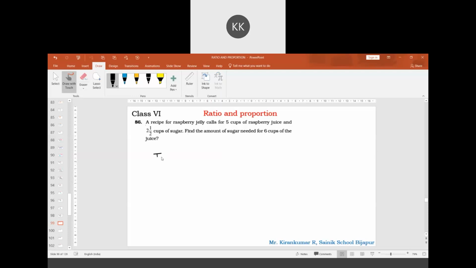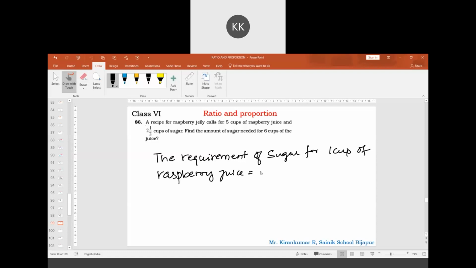The requirement of sugar for 1 cup of raspberry juice is 2.5 by 5. What is this 2.5?